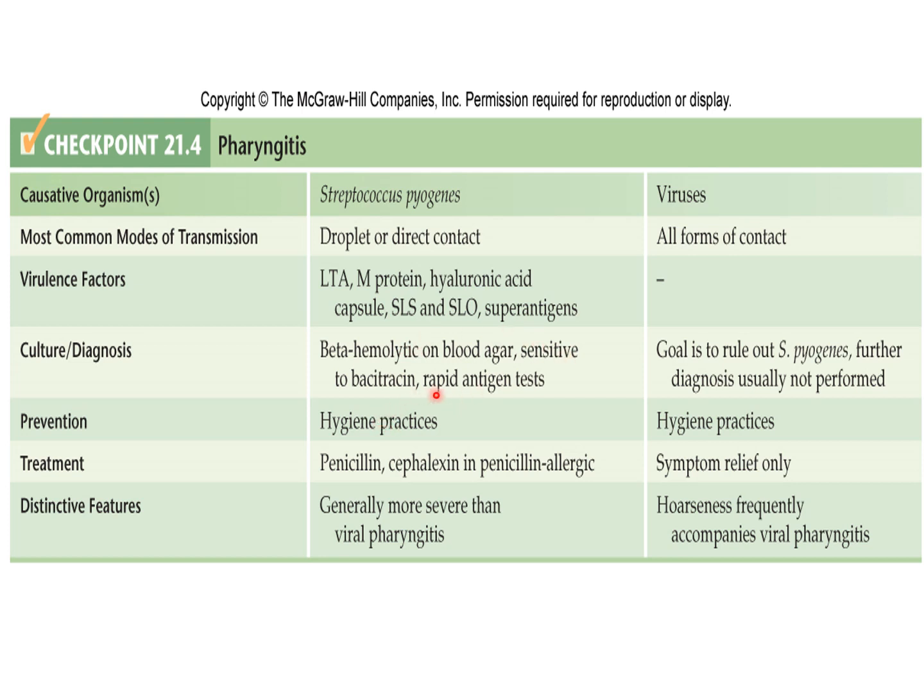It is sensitive to bacitracin and can be detected easily by rapid antigen testing, which can be done in the clinic setting and can give a rapid result within 10 to 15 minutes. In diagnosis, it's important, especially in children, to rule out strep pyogenes.